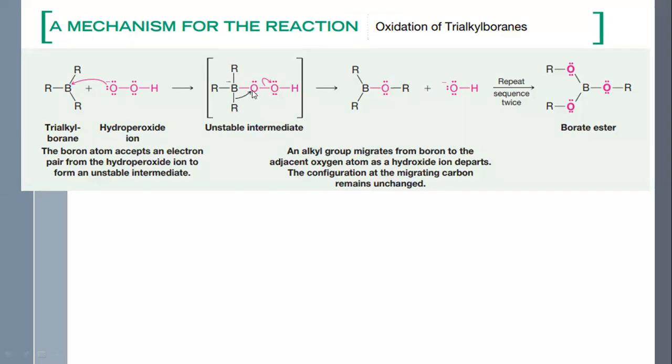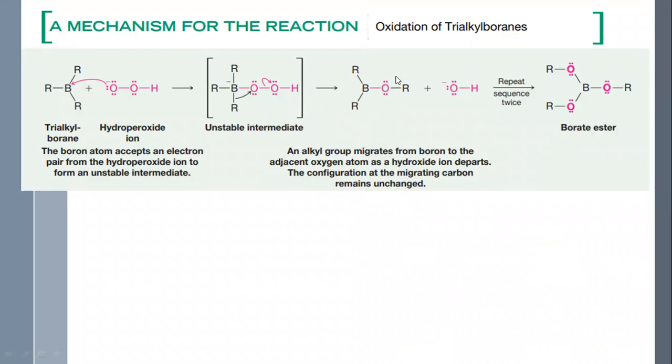Once it forms a bond with the oxygen, the OH will have to leave, bringing with it the electrons given from the OO bond. So OH with 2 unpaired electrons and a hydrogen. So we'll have another electron pair here. It will recover hydroxide ion, and you have your alkoxy boron here.